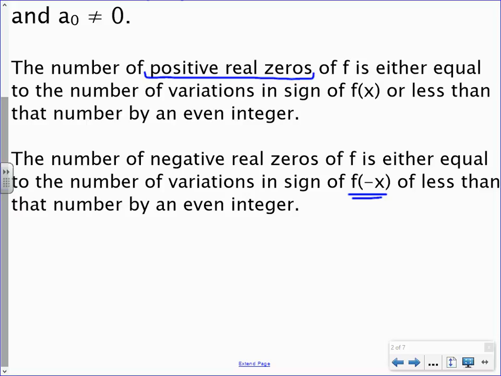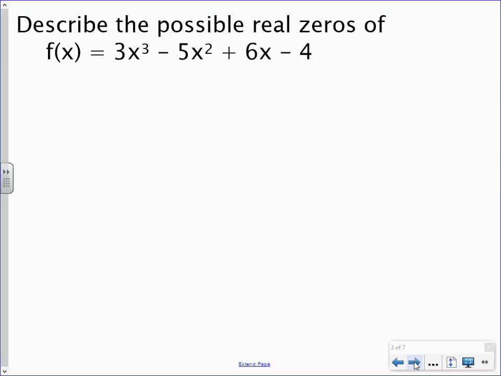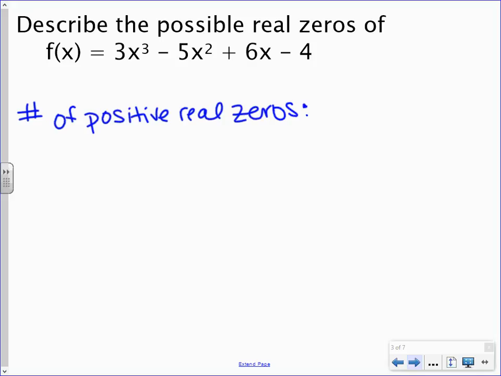So let's look at applying Descartes' rule of signs to this polynomial. Okay, so to get the number of positive real zeros, we need to count the number of sign variations.